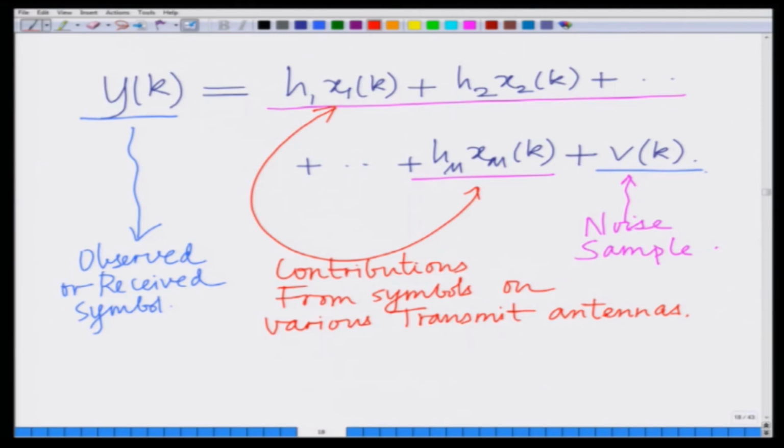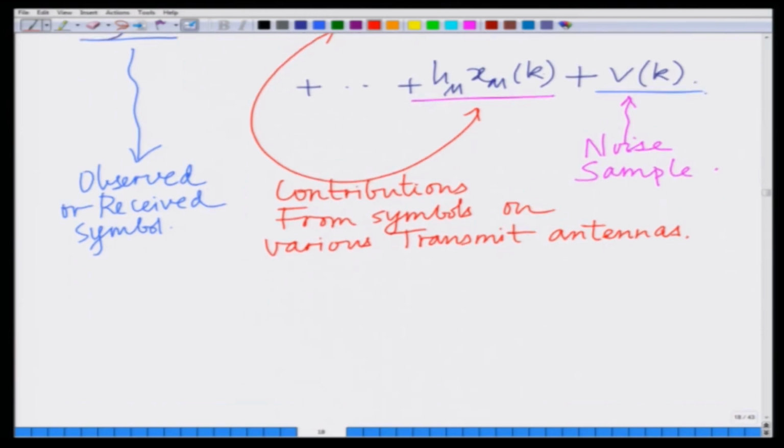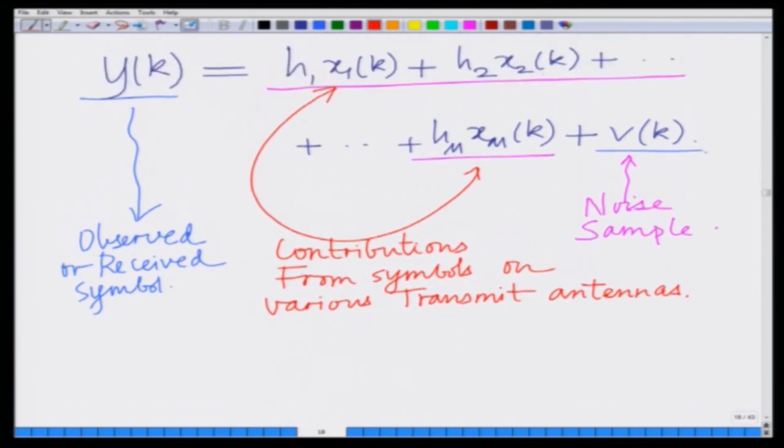Okay. And now, this is the model corresponding to the received symbol yk at time instant k.